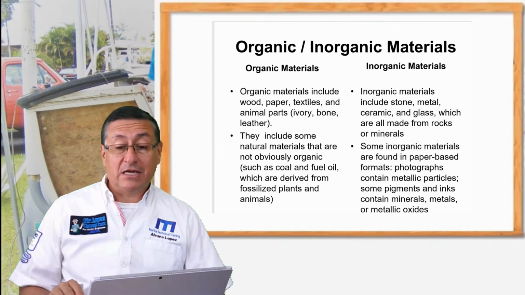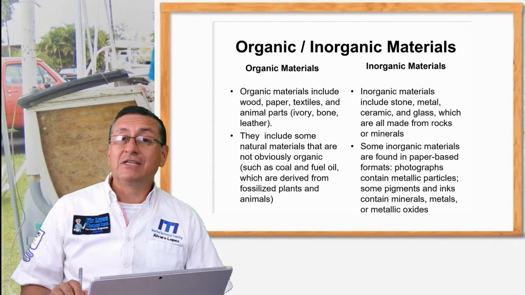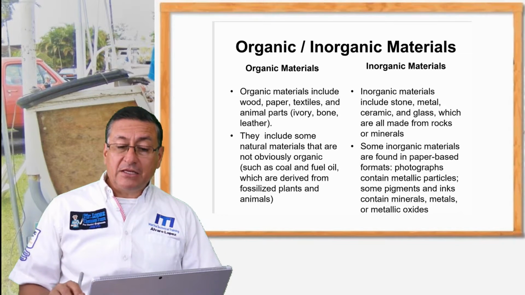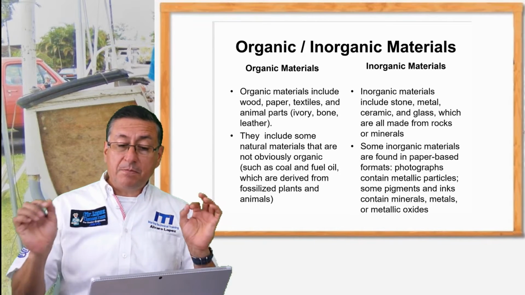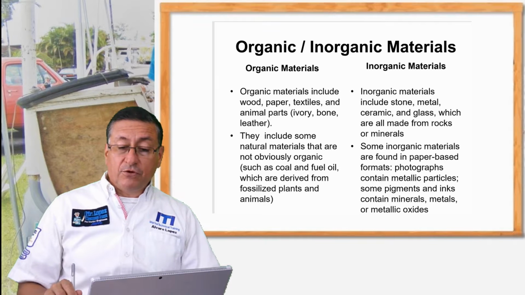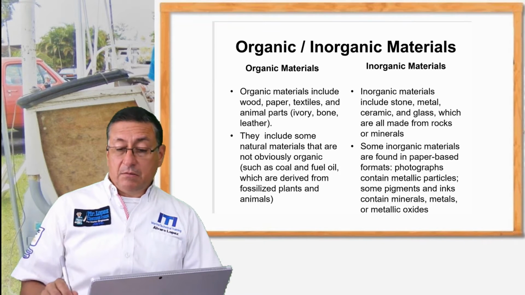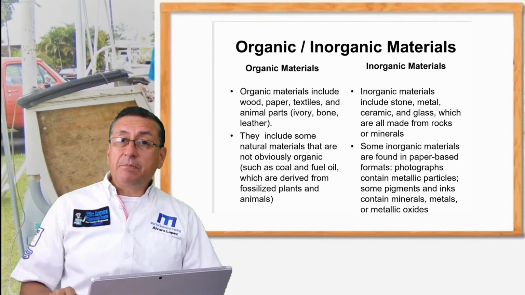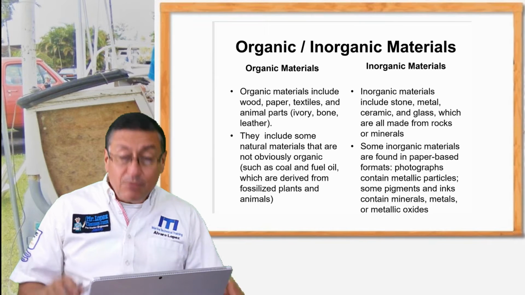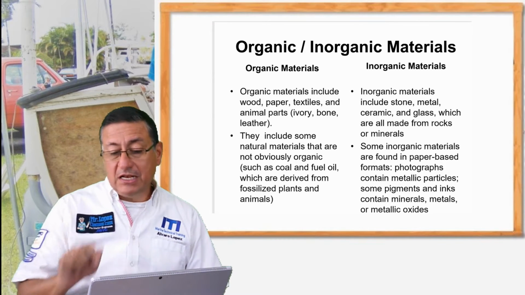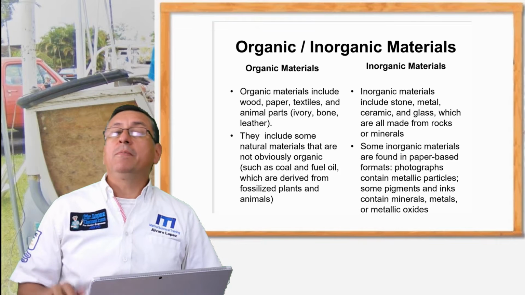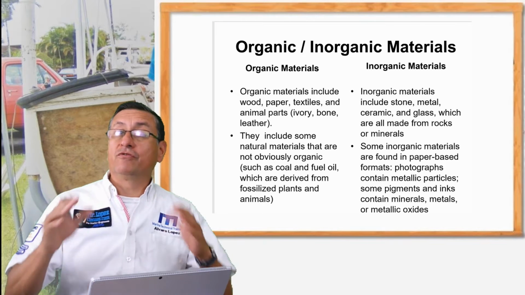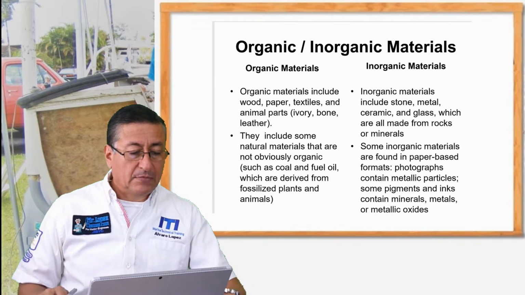You remember we studied those ceramics in detail. Some inorganic materials are found in paper-based formats, photographic, metallic particles, pigments, inks. We are going to check all of those because especially those pigments and inks will be used to change the color of the resin in the fiberglass.